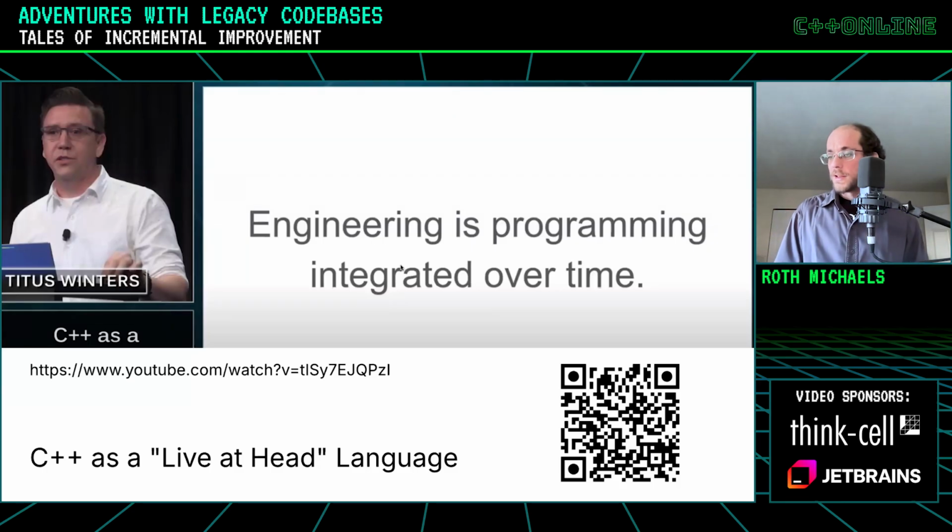So, C++ as a Live-at-Head Language is a great talk I enjoy by Titus Winters that kind of got me on the bandwagon of all changes can be potentially breaking changes, and that using the latest version of all your dependencies has a lot of benefits for detecting breakages.